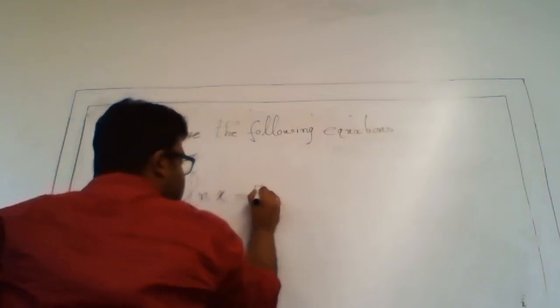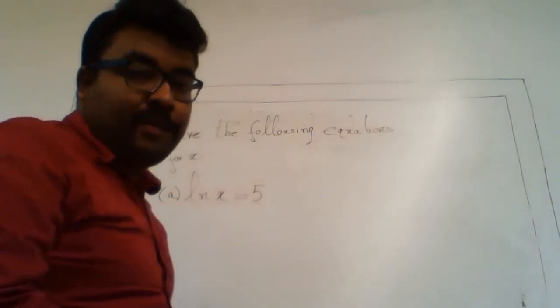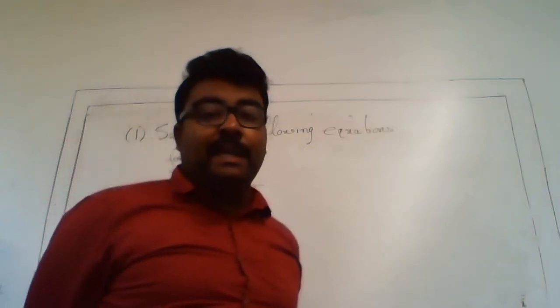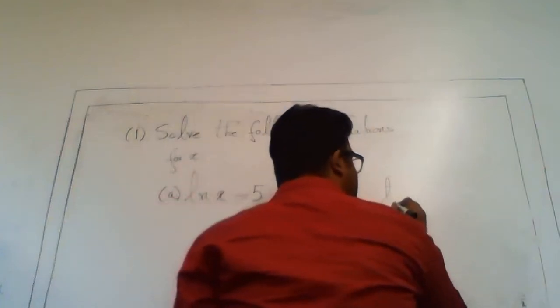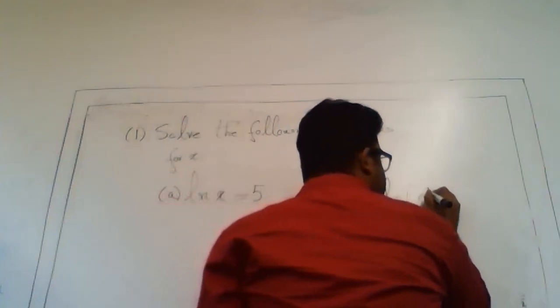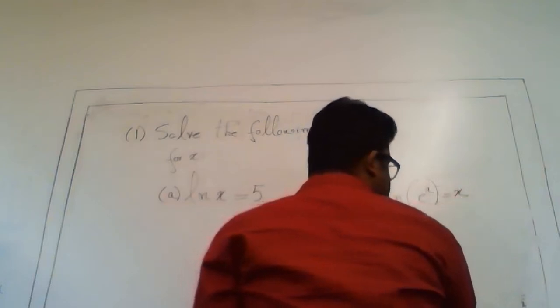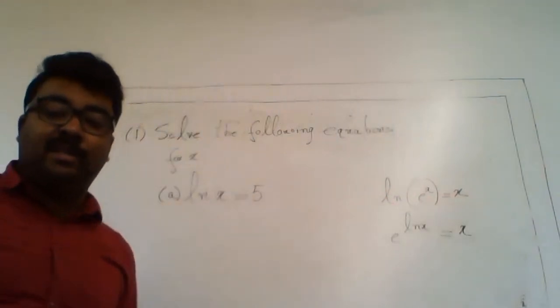So we have to solve this equation. How to solve it? Remember, whenever you are given an equation and you need to solve it, you basically need to use one of these two cancellation laws: either ln e to the power x is x, or e to the power ln x is x.